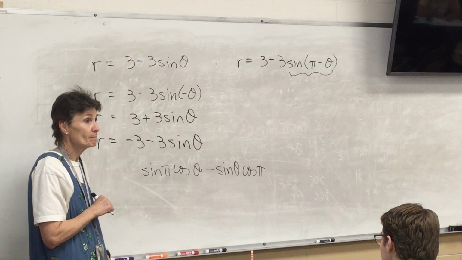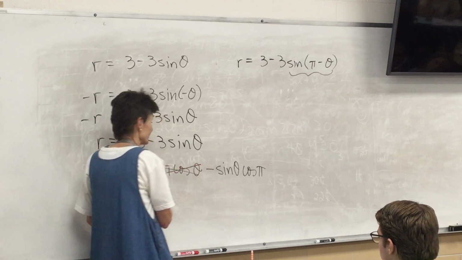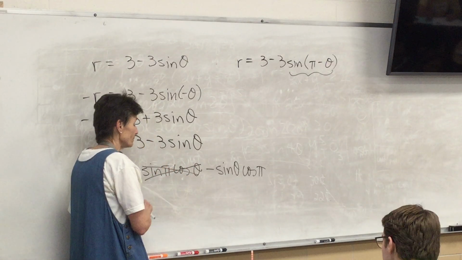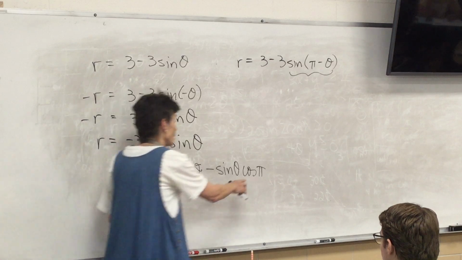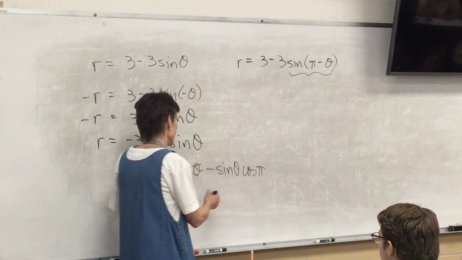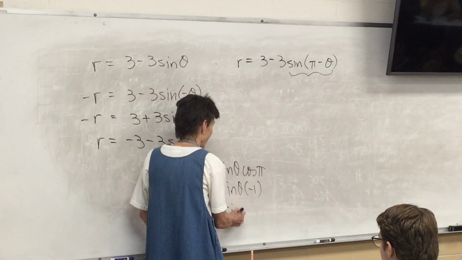Sine of pi is 0, right? So this basically is gone because it's 0 times cosine. What's the cosine of pi? Negative 1. So this is negative sine times negative 1, which is basically positive sine.